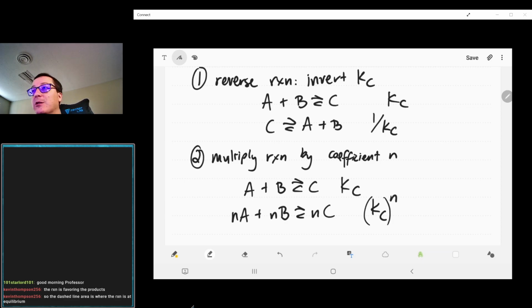You would raise it to the nth power. We saw that, I think, last time when we did a doubling of the reaction, we squared our Kc as a result.